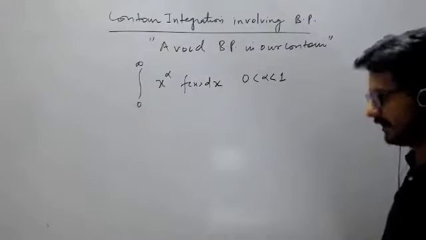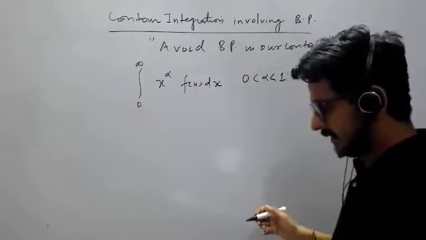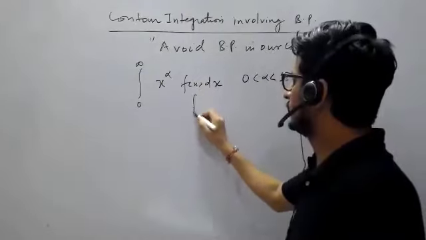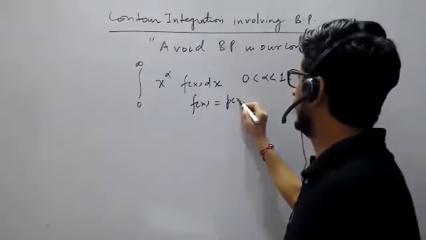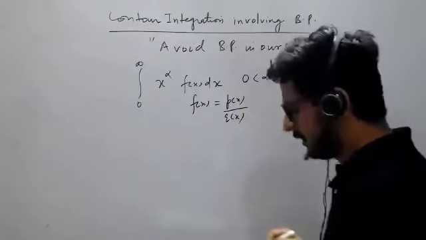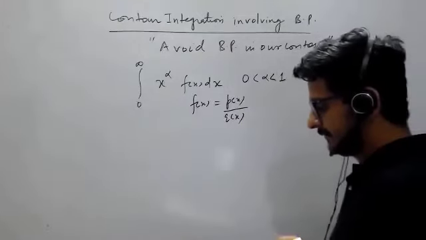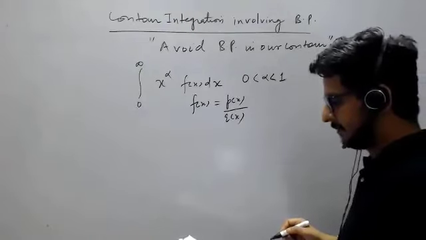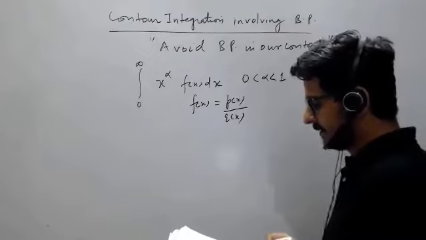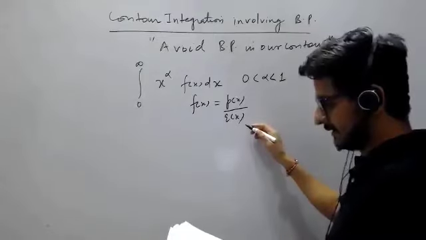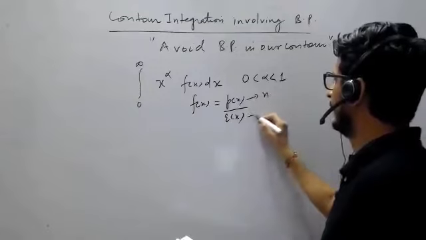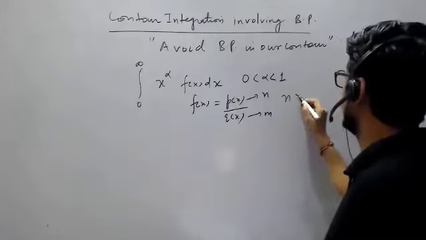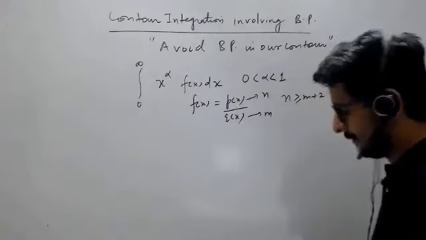Here f(x) is equal to p(x) by q(x), a polynomial ratio, numerator and denominator. Suppose the degree of p is m and of q is n. The denominator should have the greater degree, that means n should be greater than or equal to m plus 2.